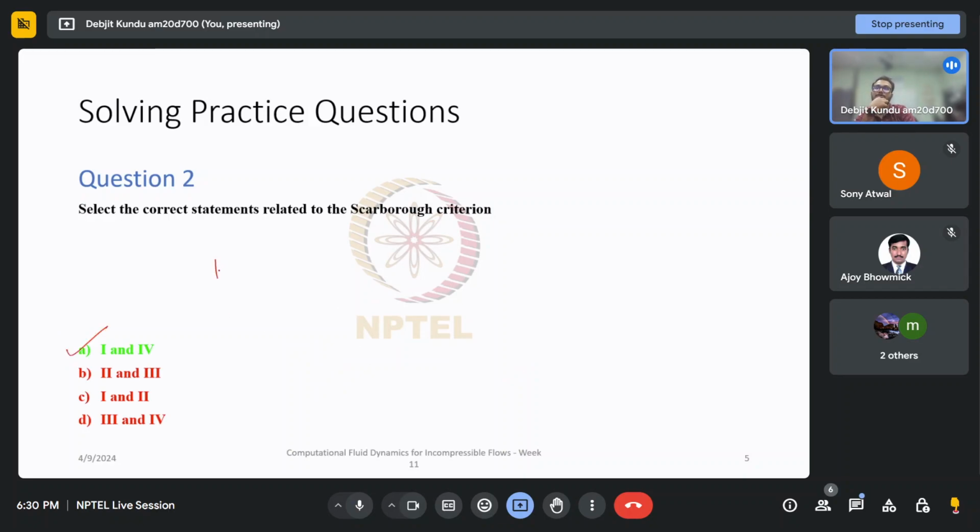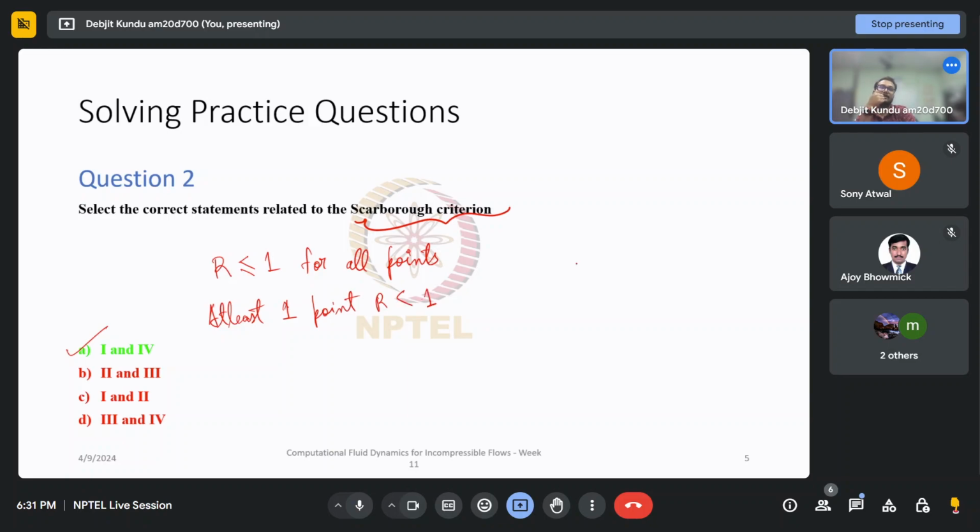So according to the Scarborough criterion, for convergence, R has to be less than equal to 1 for all points, and for at least 1 point, this has to be less than 1.